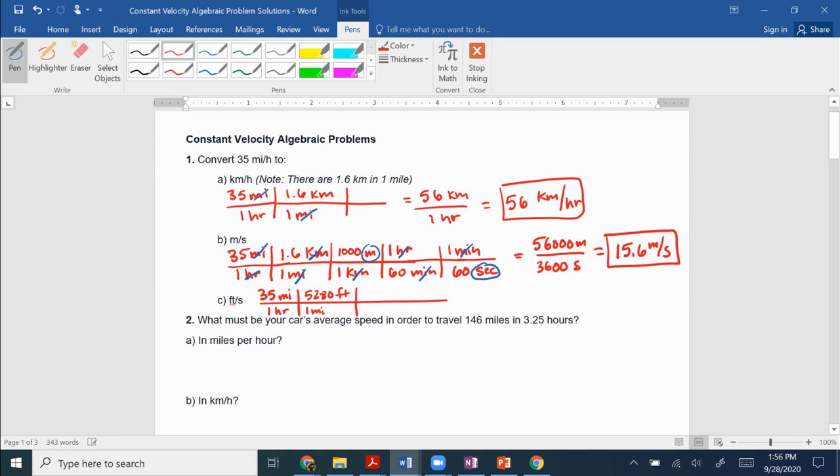It's a little trickier to know. And then your hours, you got to change to 1 hour, 60 minutes, 1 minute, 60 seconds. Then, right, our miles have canceled, our hours have canceled, our minutes have canceled, leaving us feet on the top, seconds on the bottom.